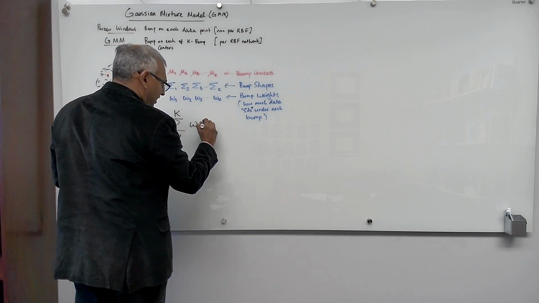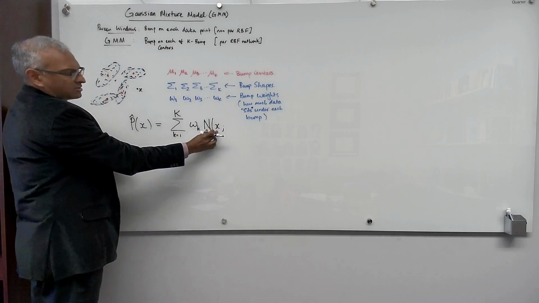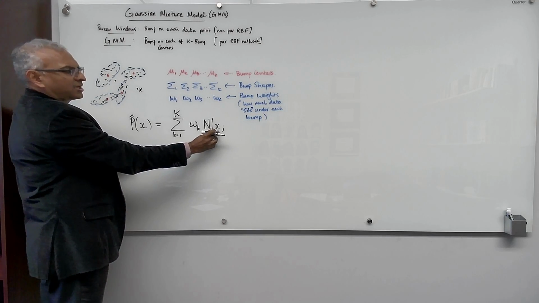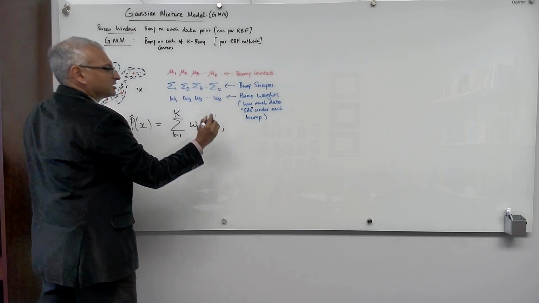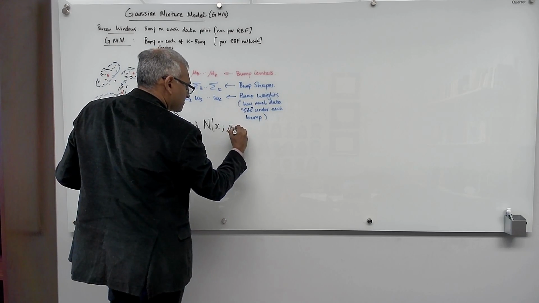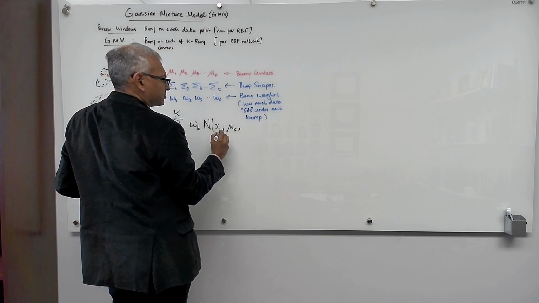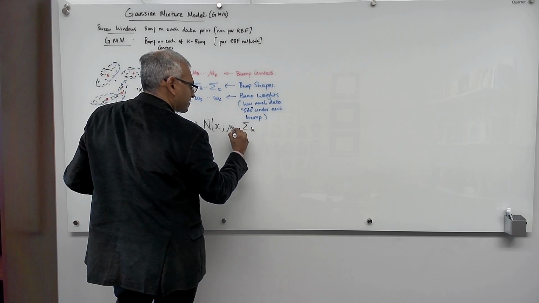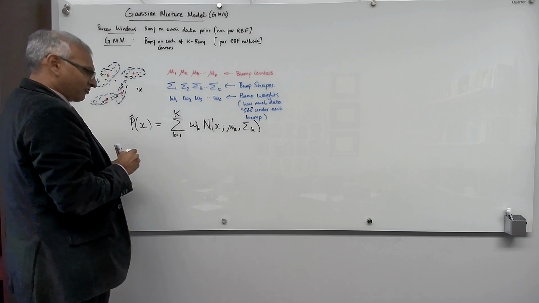We'll call that n of x. This density for a bump n of x will typically depend on the bump center, mu k, and on its shape, sigma k. And so this is the form.